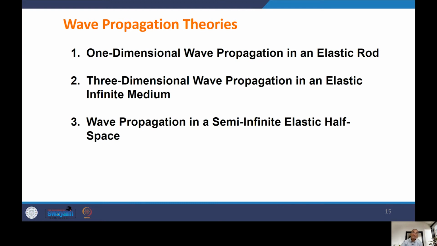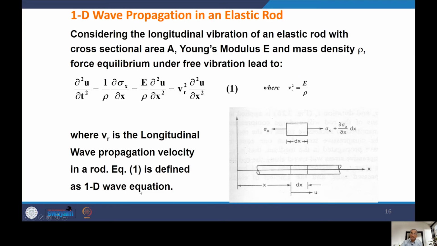So let's talk about the first one, that is one-dimensional wave propagation in an elastic medium. Here a rod is given in this figure. You can see the x direction, dx is a small element, and at a distance x from the origin, u is, let's say, the displacement or response in the x direction.